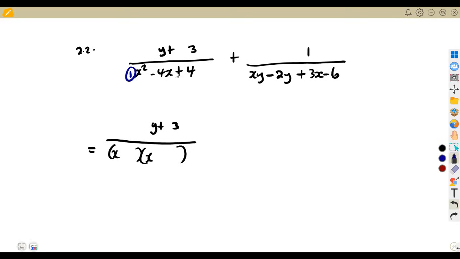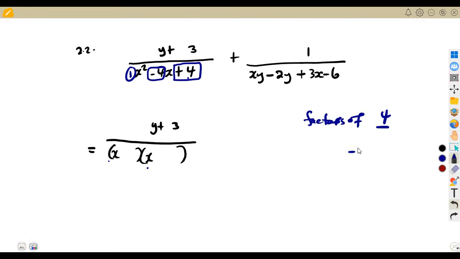What are the factors of 4? But these factors should give -4. Take note here, we're just dealing with the constant because already we've got x and x here. So we work with the factors of 4, which must give us -4. So we need factors of +4, but these factors of +4 should give us -4 if we add them.